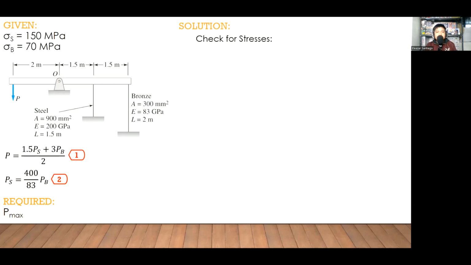In checking now for the stresses, let us consider first the maximum for the steel material, which is equal to 150 megapascal, that is equal to the force all over its area.